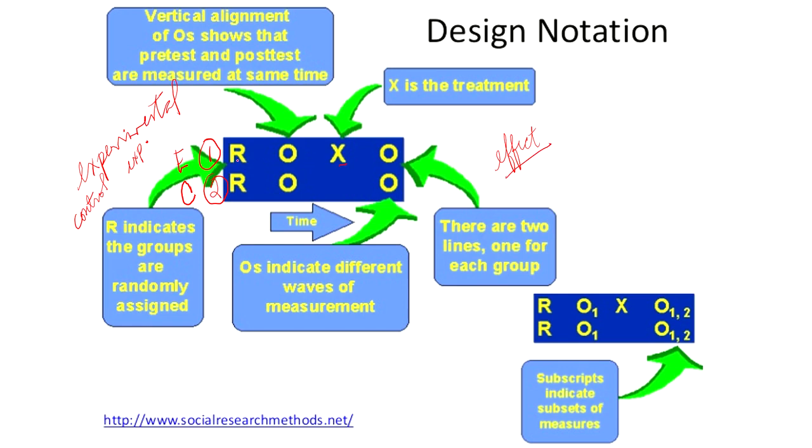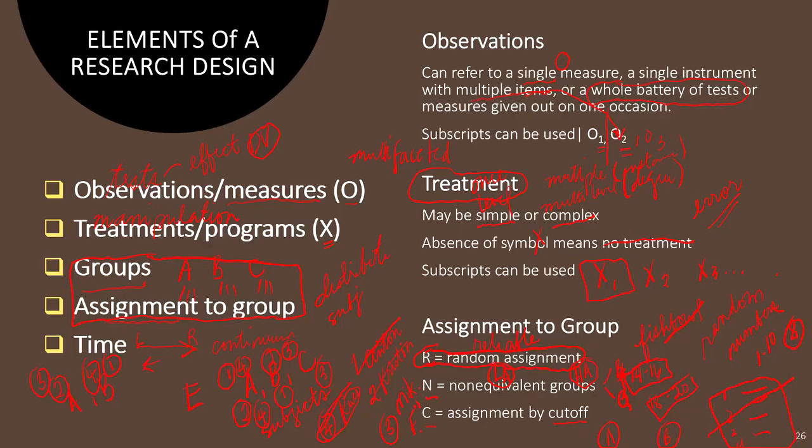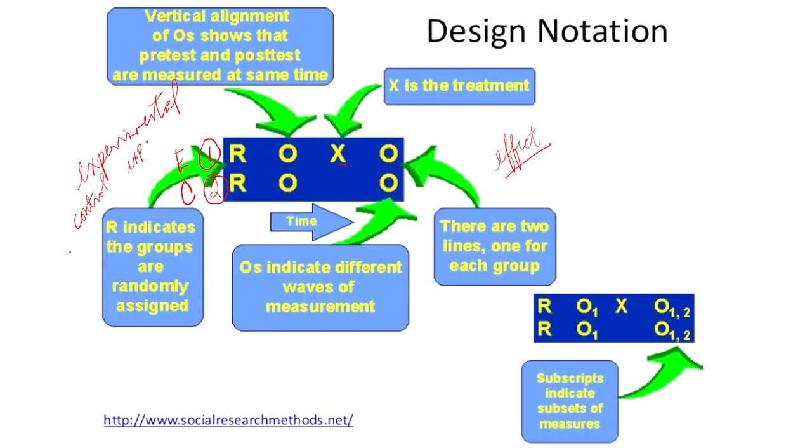Okay? So, randomly assigned ang groups. Do you remember that? Look at that. Random assignment. Kapag experimental, there is always random assignment. Always. So, the subjects were randomly assigned into experimental and control group. Okay.